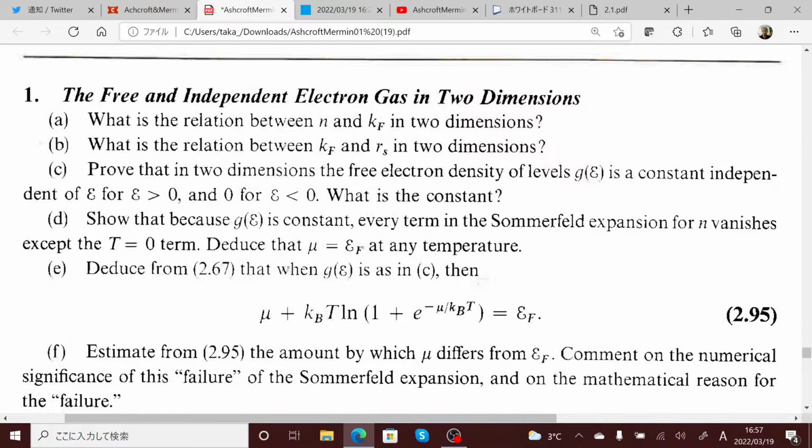Show that because g of epsilon is constant, every term in the Sommerfeld expansion for n vanishes except the t equals 0 term. Deduce that mu equals epsilon F at any temperature. Sommerfeld expansion.